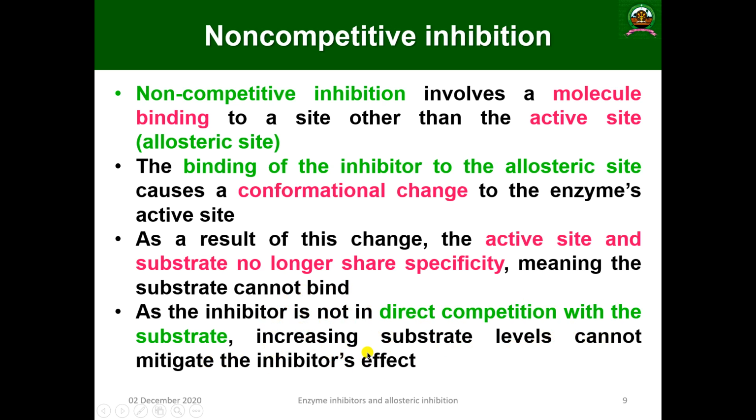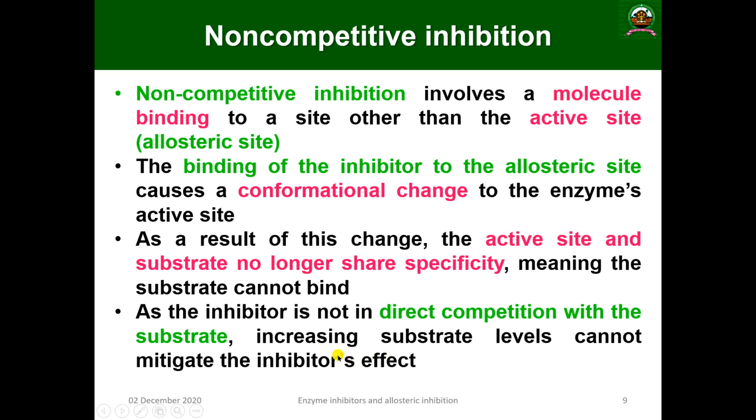In the previous case, I told you how to prevent competitive inhibition: simply increase the concentration, because the binding pockets are the same. But here the binding pockets of the inhibitor and the enzyme are not the same. The inhibitor will bind to the allosteric site, while the substrate should bind to the active site. So when you increase the substrate concentration, it cannot be prevented.